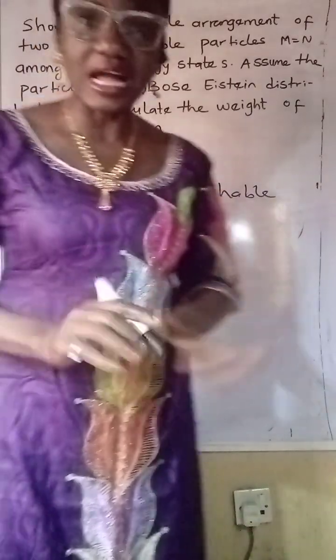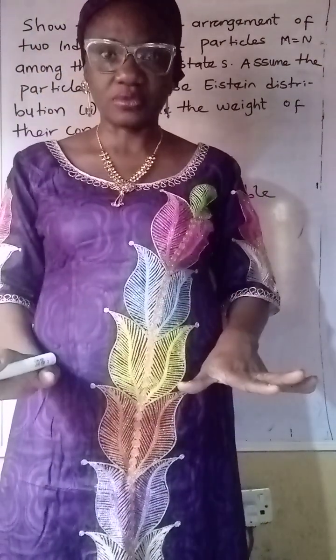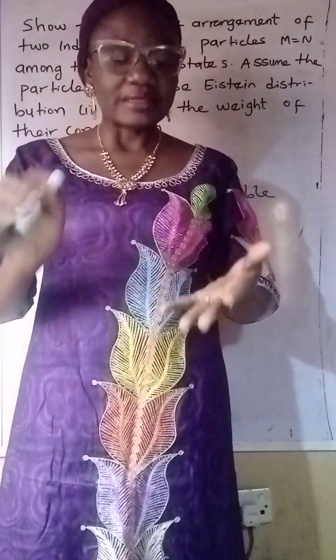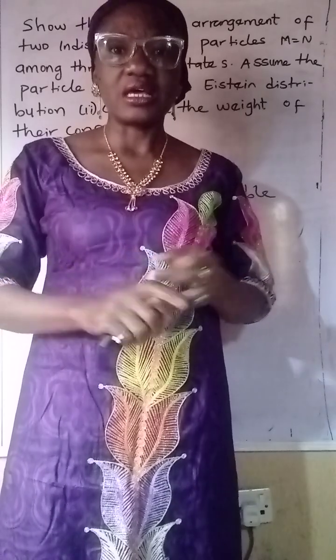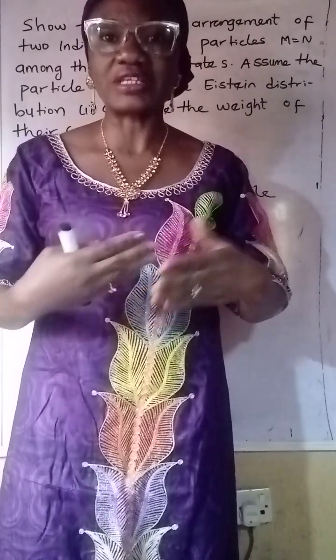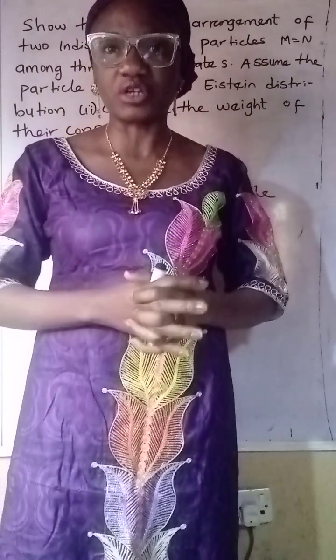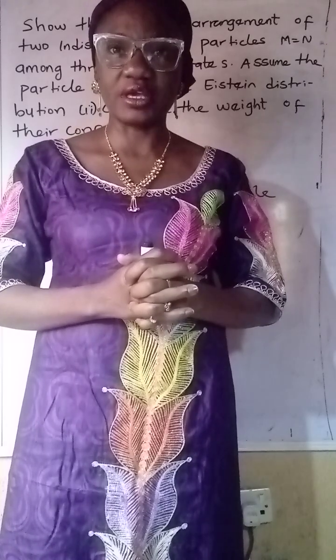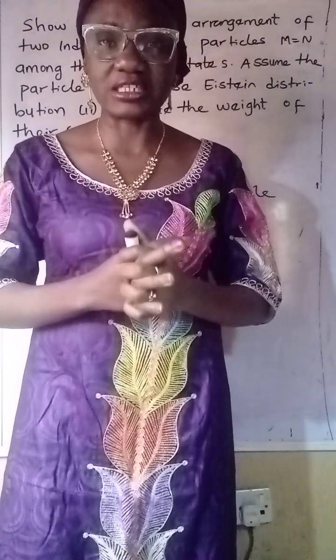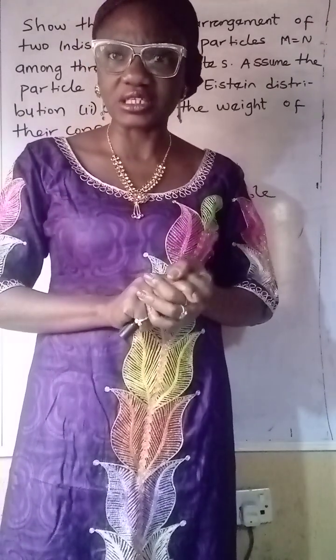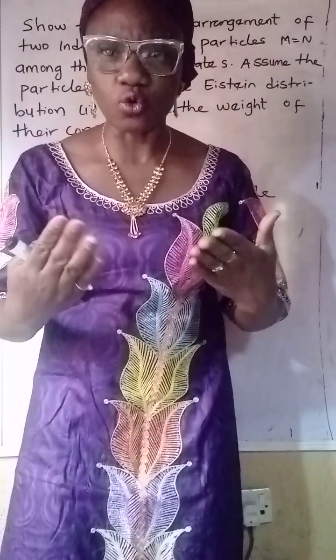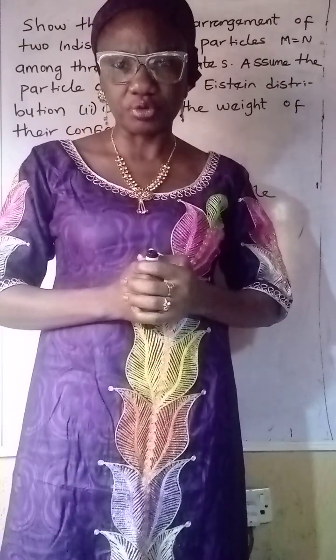It means they cannot be differentiated. Then the third characteristic is that the particles are symmetric with respect to interchange. Then the fourth characteristic is that they do not obey the Pauli's exclusion principle.